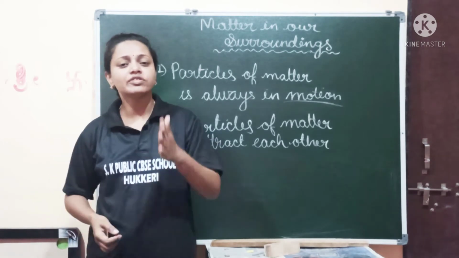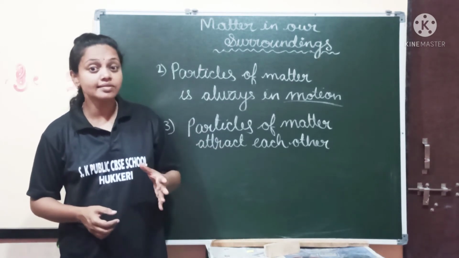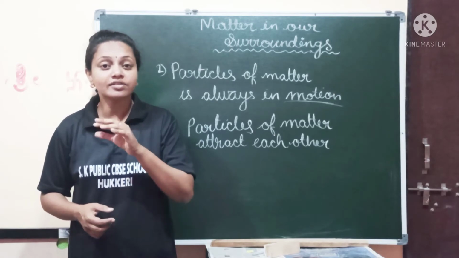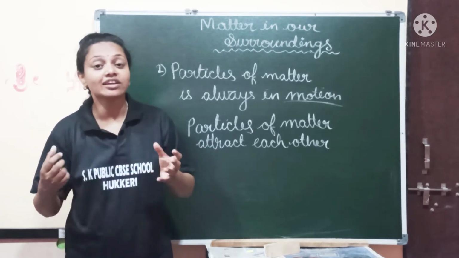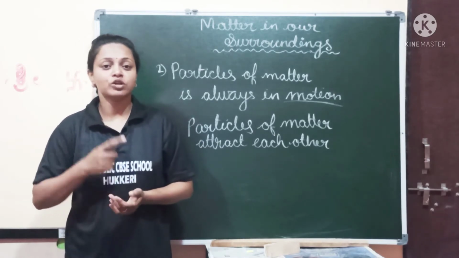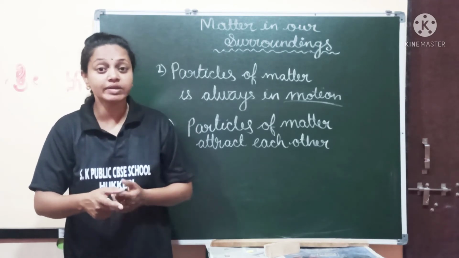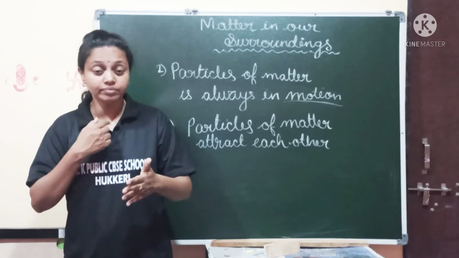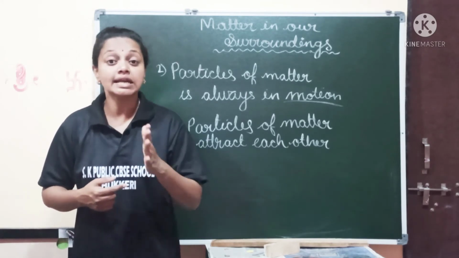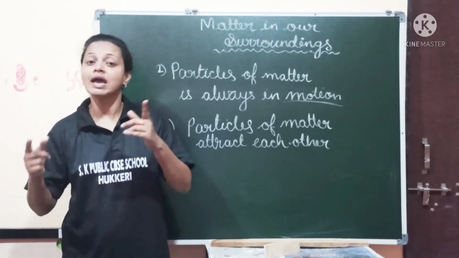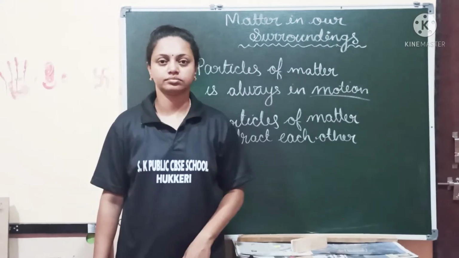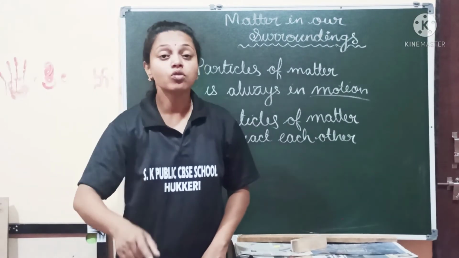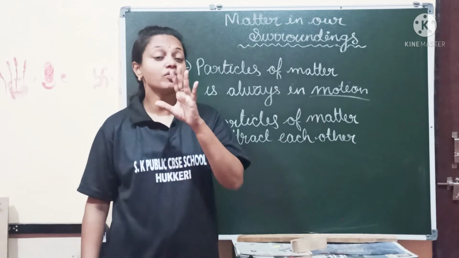Okay, in every substance there is an interparticle force of attraction acting between the particles. To break down a substance, we need to overcome this force. The strength of the force differs from one substance to another. Now you know these three characteristics of matter.